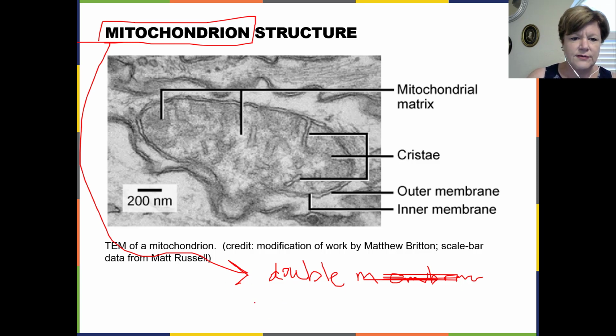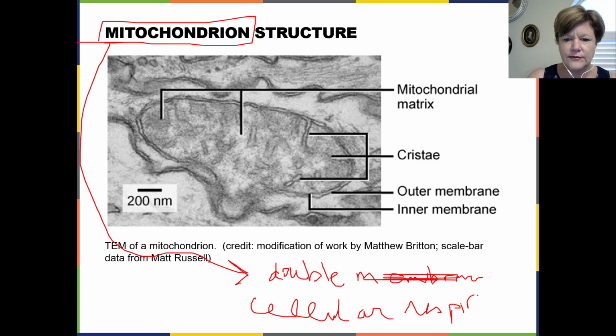And it's involved in something called cellular respiration. Now, I know you've learned that the mitochondrion is the powerhouse of the cell, but that's a good kind of 6th grade definition, but we're gonna take that much further.